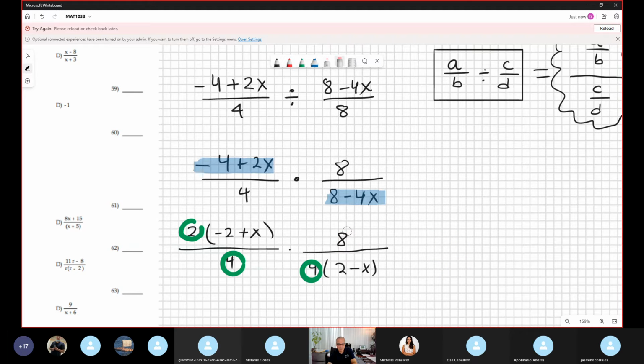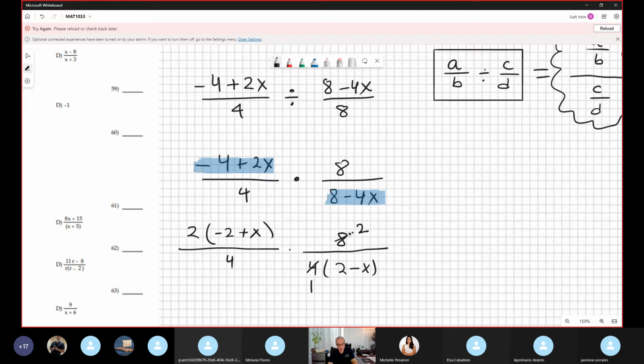Another way, which personally I like, is dividing by a couple of numbers. 8 divided by 4 is 2. You divide by 4: 4 by 4 is 1, and 8 by 4 is 2.